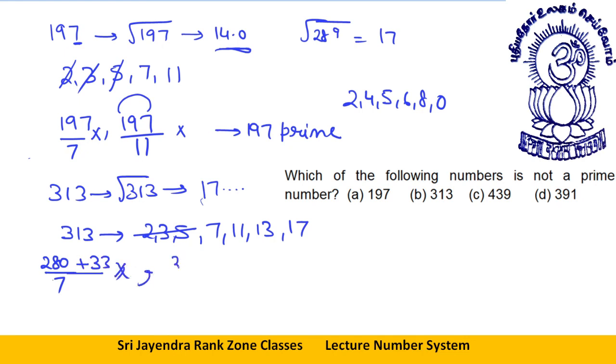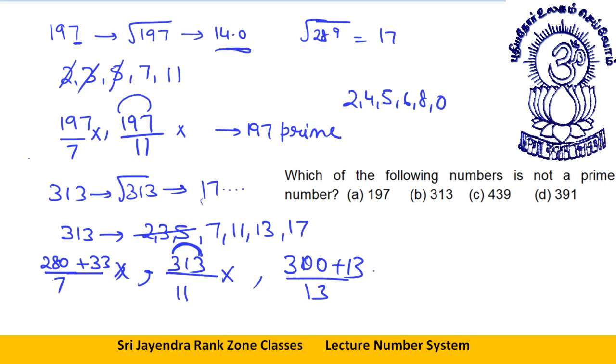If I divide 313 by 11, sum of these two is 6. 6 minus 1, 5. 5 is not a multiple of 11. Then I have 13. 313, if I write it as 300 plus 13, 13 will divide this 13, but 13 won't divide 300.